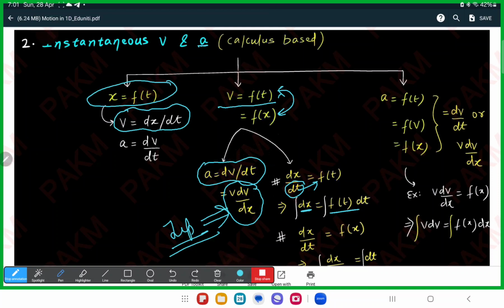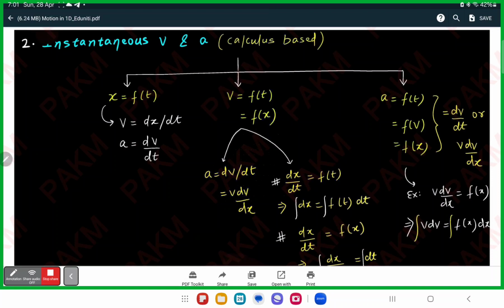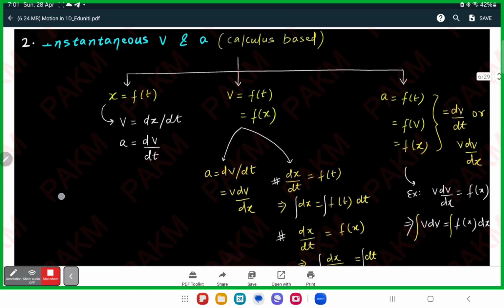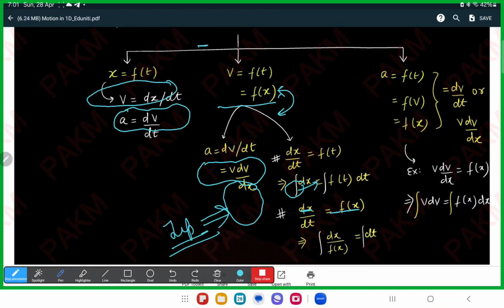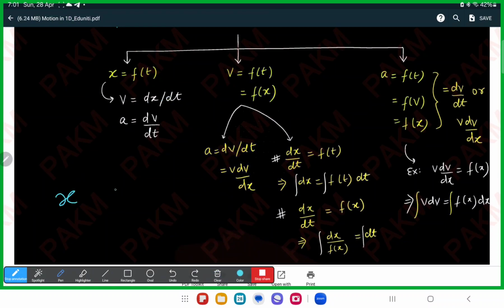The important part is, if you remember, once x is given and we calculate v and a, then from x to v we have to differentiate. Better to remember this, it is not very conventional but it is very effective.